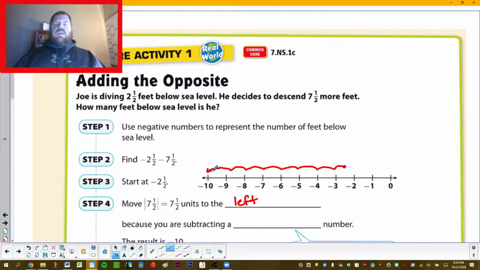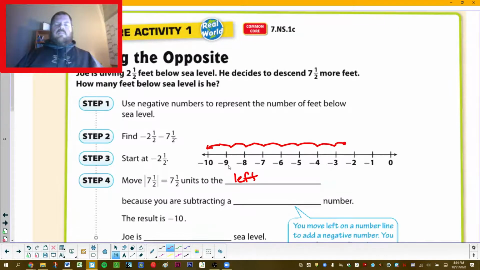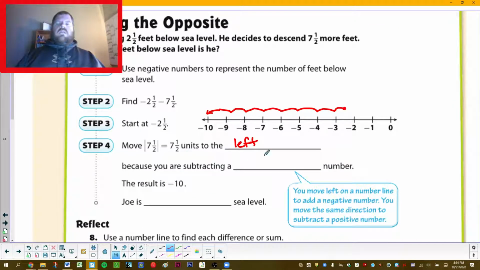So we end up at -10. And it says that we're moving 7.5 units to the left because we're subtracting a positive number. Okay, so Joe is 10 feet below sea level.